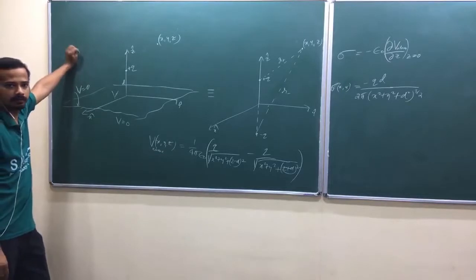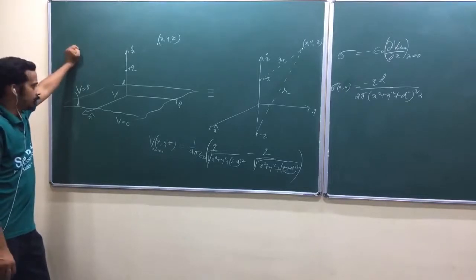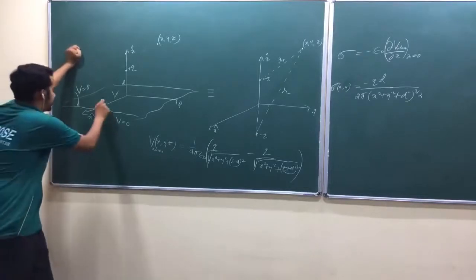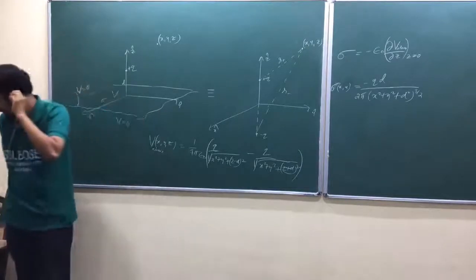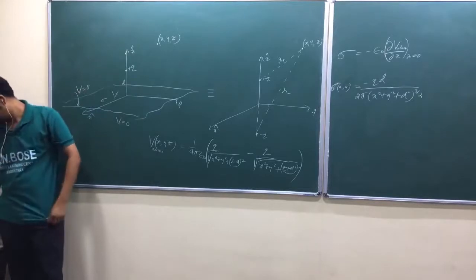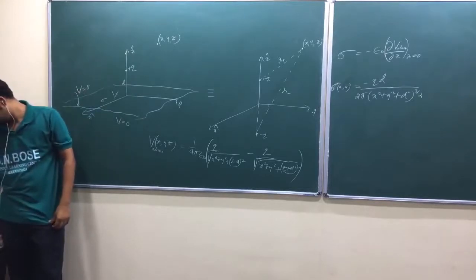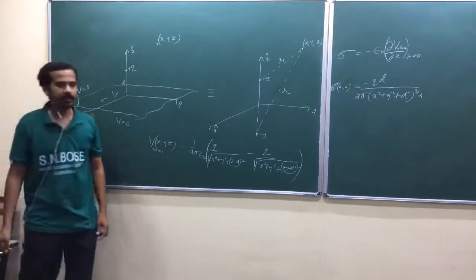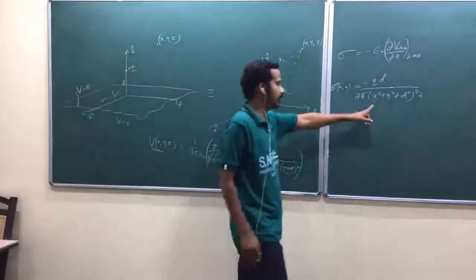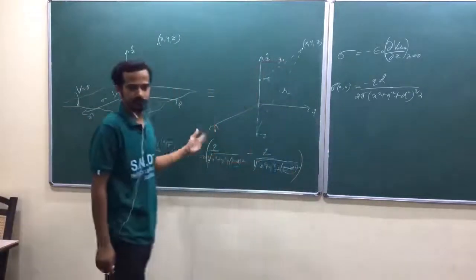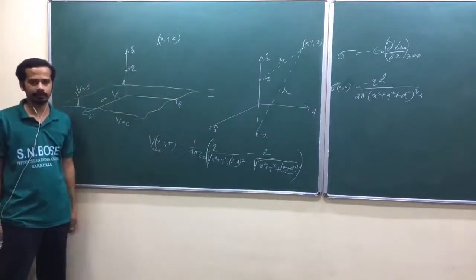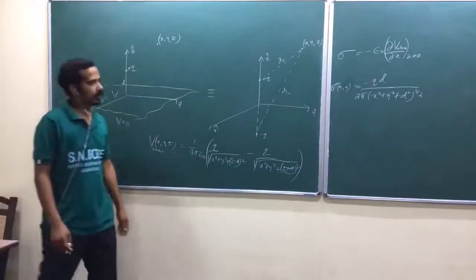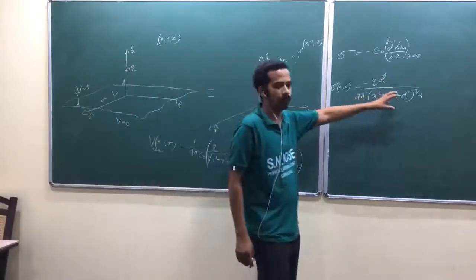Is that okay? On the plane, surface charge density is given by that one. Now you can expect, when x and y are 0, that means at the origin, we are talking about on the surface, the denominator is low, am I right?